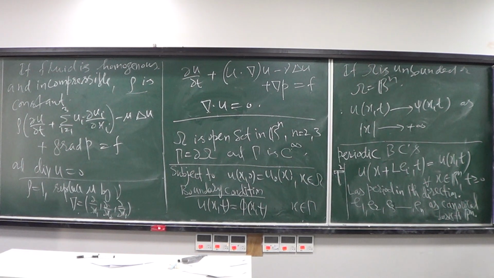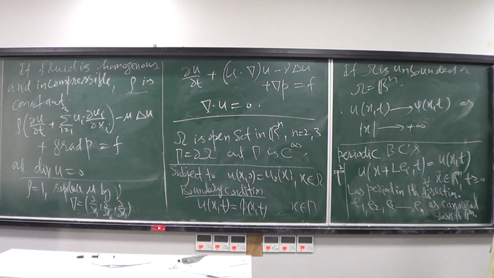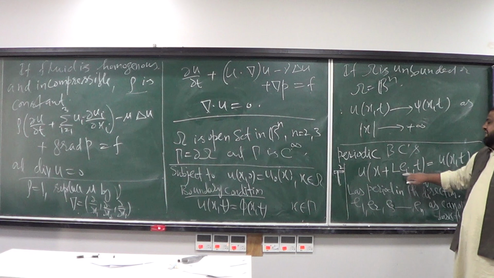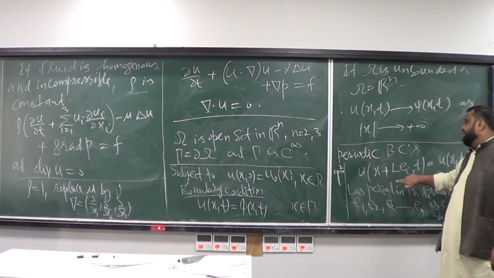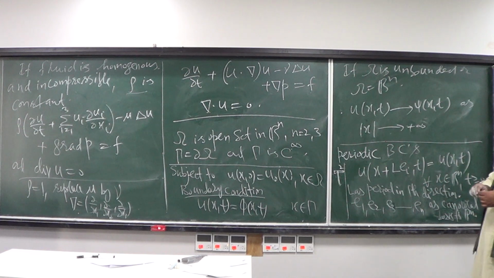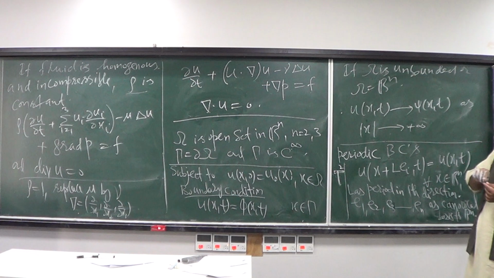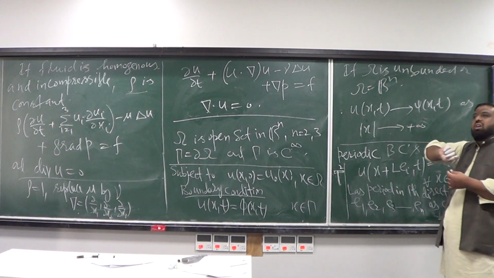And as I said, a lot of people, for the sake of simplicity, also consider the periodic boundary condition. What do you mean by the periodic boundary condition? That the velocity has a period L in each of the ith directions. In other words, if your fluid particle moves in a specific direction, say the ith direction, up to L units, it will return to the same point.